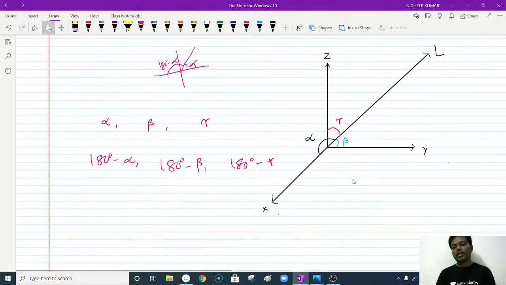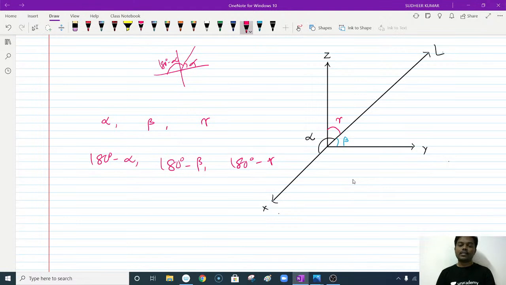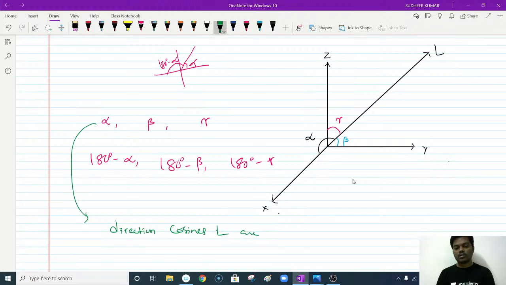So the angles made by the line with the coordinate axes, if we take the cos ratio, then we'll call these direction cosines. So direction cosines of line L are, one is cos alpha, cos beta and cos gamma, right?